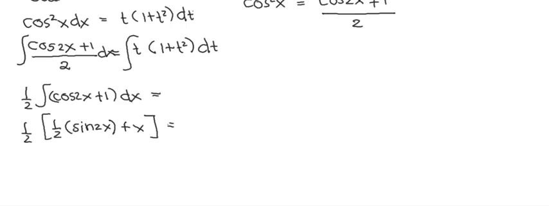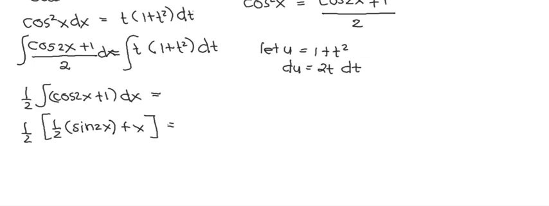To integrate this expression, we just have to apply u substitution. We let u equal 1 plus t squared, so that du equals 2t dt.